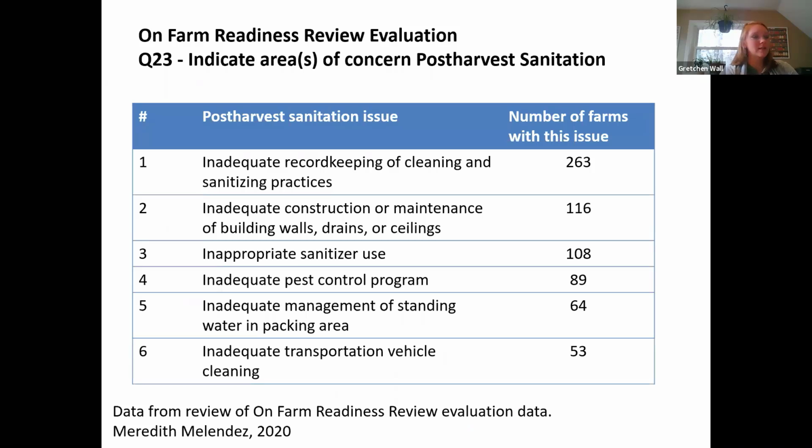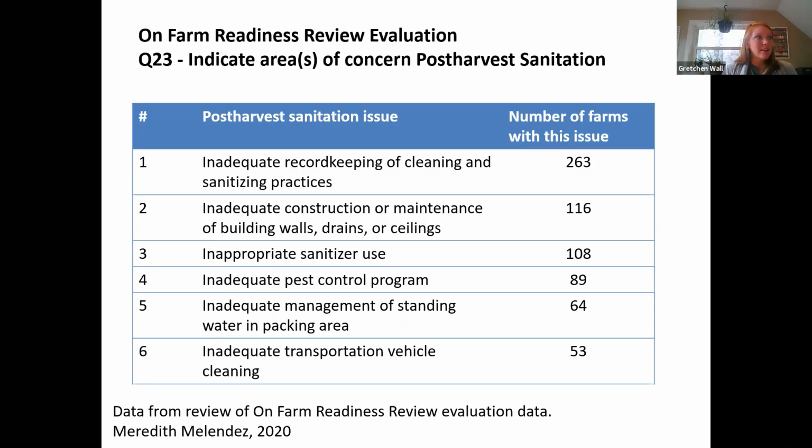And interestingly, this data comes from the on-farm readiness review evaluation data. And this particular question is from, I think, 1,147 farms. 541 farms indicated that post-harvest sanitation was a priority area for them.